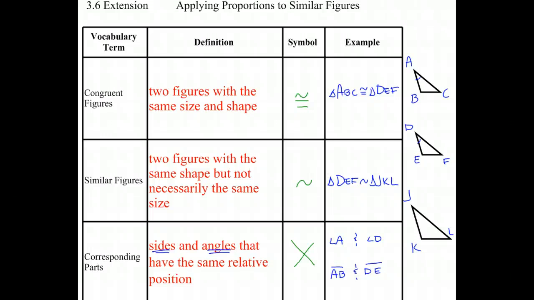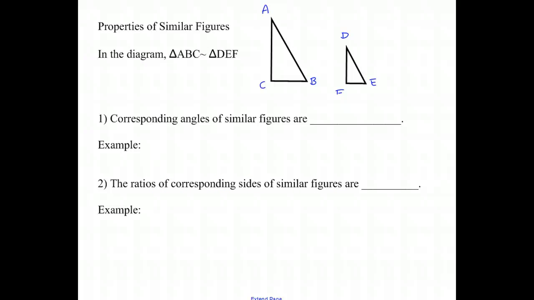Alright, let's go on to our next example, talking about properties of similar figures. Corresponding angles of similar figures are congruent.